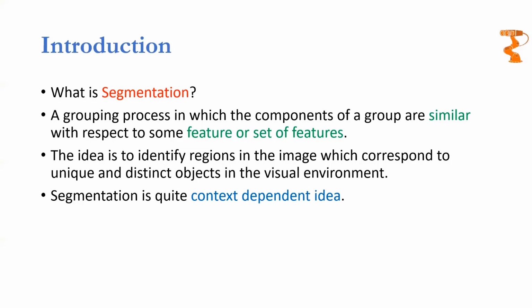Depending on the application, what you are going to do, segmentation can vary. Just like I have divided your class using the gender feature and then using the height feature, I can have many other different features depending on the application, what I wanted to do with the class. So it is dependent on the context in which I'm performing segmentation.